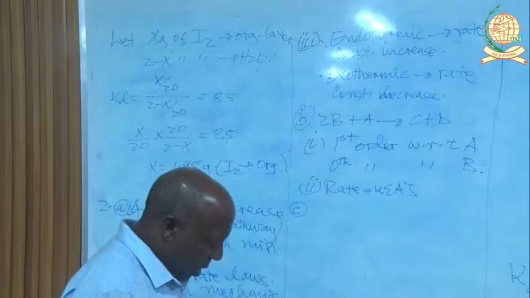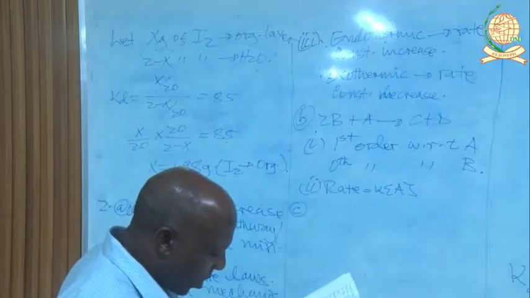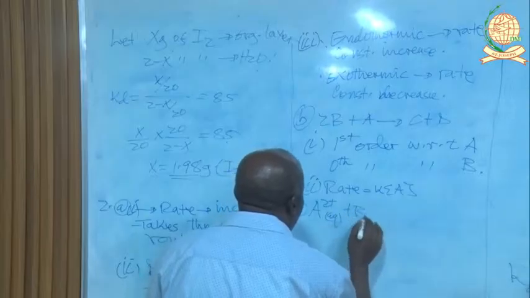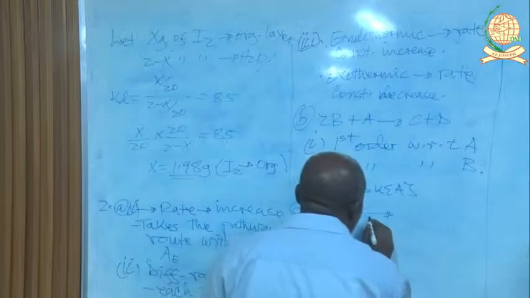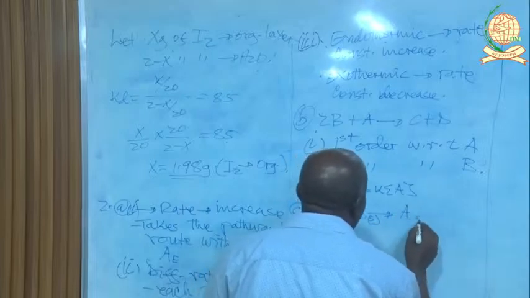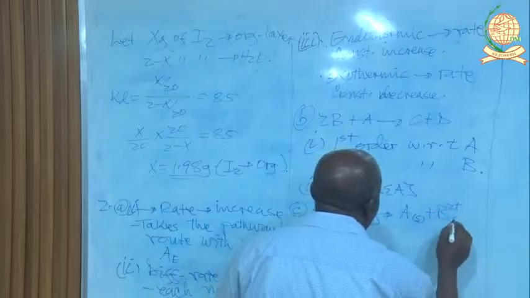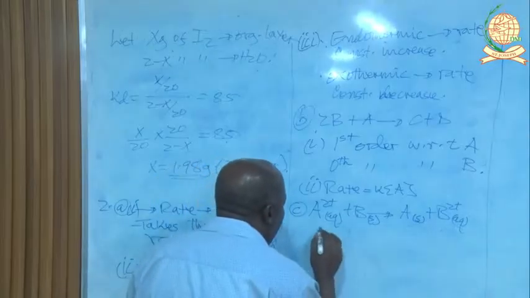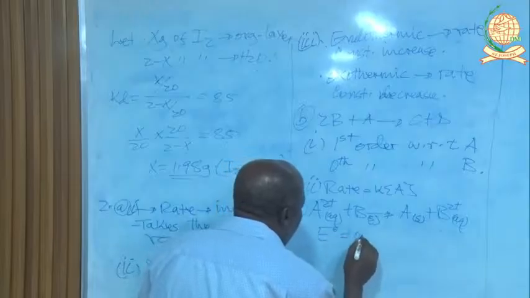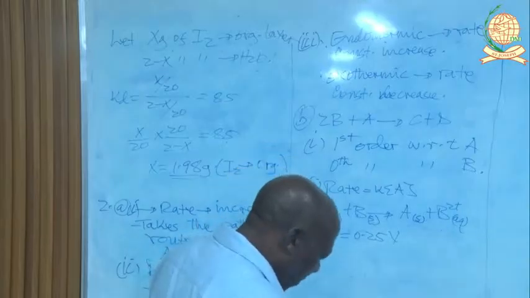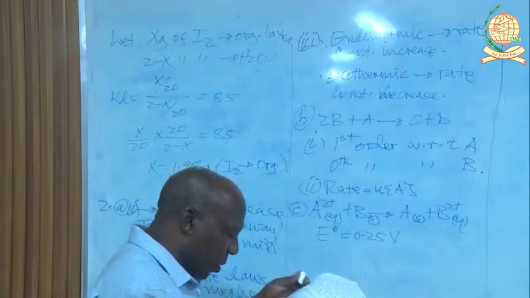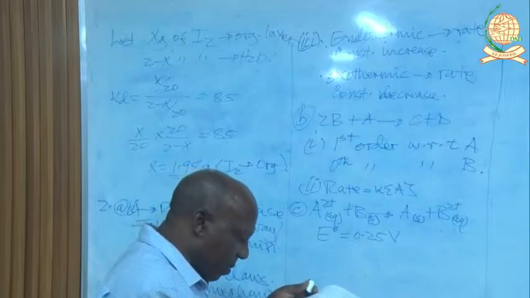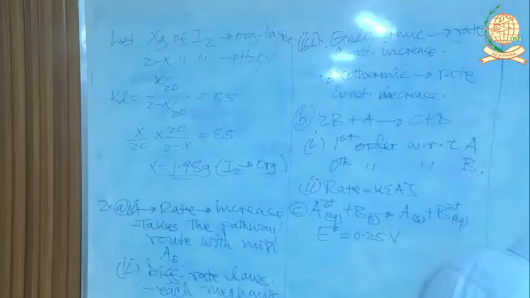Then C. Question number 2C. The question says, if the standard cell potential for the reaction, A aqueous plus B solid, gives A solid plus B 2 positive aqueous, is equal to 0.25 volt, what will be its cell potential at room temperature if the concentration of A is 1,000 times that of concentration of B positive?